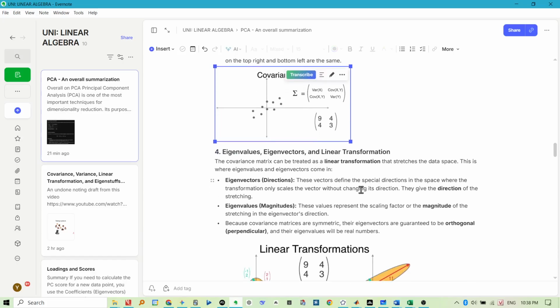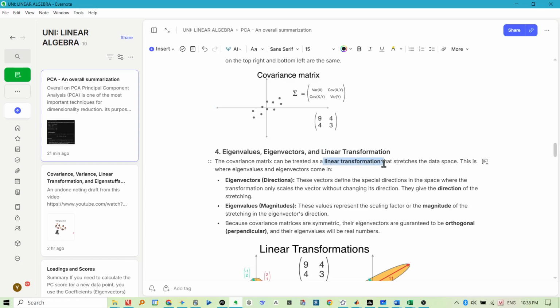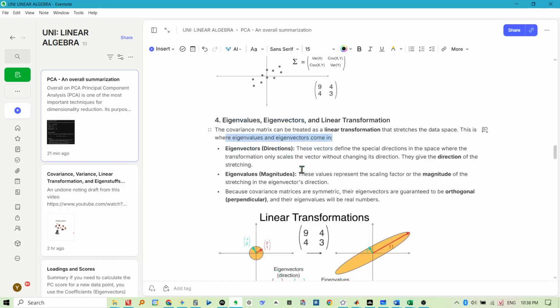Okay, we can come to a harder part: the eigenvalues, eigenvectors, and linear transformation. The covariance matrix can be treated as a linear transformation that stretches the data space. This is where eigenvalues and eigenvectors come in.